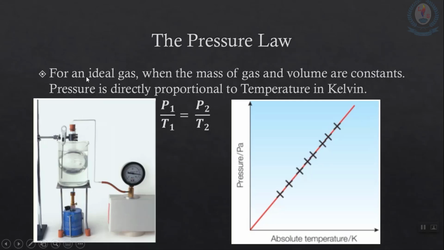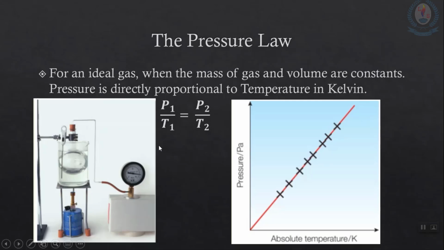Then the pressure law. The pressure law says for an ideal gas, definitely, when the mass of the gas and the volume of the gas remain constant, pressure is directly proportional to temperature in Kelvin. Direct proportionality. How would you find it? We will heat up some amount of air. Then we will measure what happens to the pressure while measuring the temperature also.